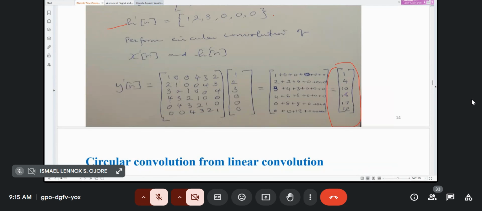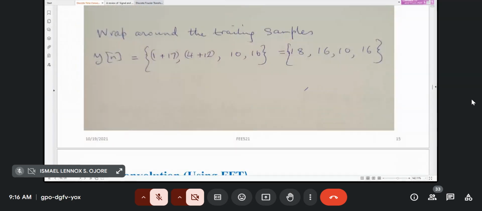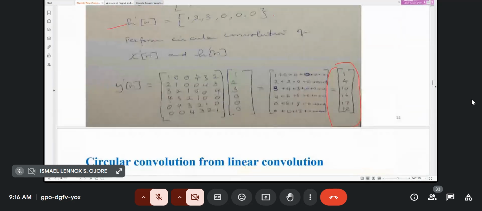Let's actually check whether we get the same. 1, 2, 3, 4, and 1, 2, 3. I'm using the tabular method; I could have put any of them in either place. So this becomes 1, 2, 3, 4.